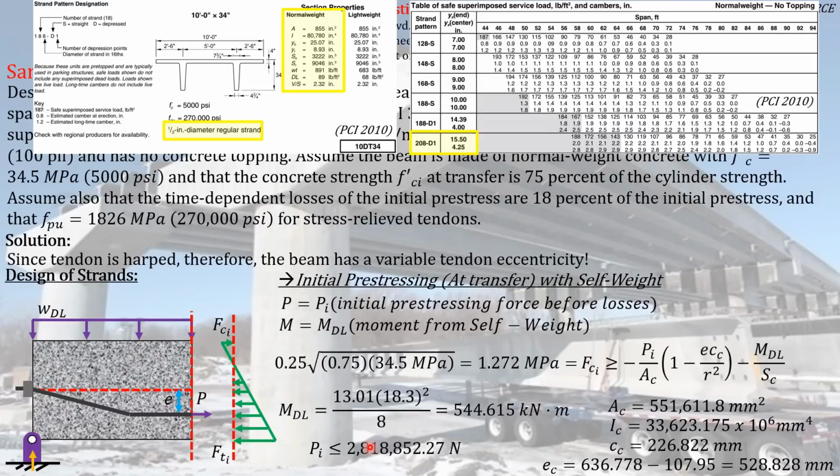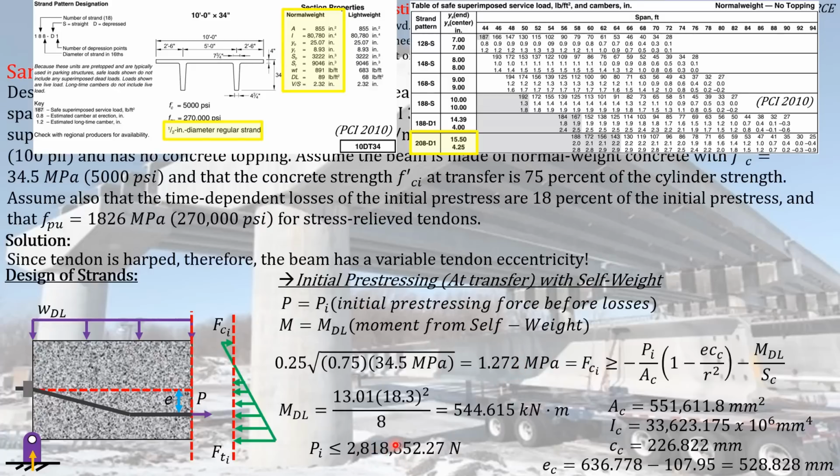So the initial pre-stressing force, according to the computation that we have done here, must be less than or equal to 2,818,852.27 Newton. So that must be the value of the initial pre-stressing force so that the resulting tensile stress at the concrete element at transfer stage will not exceed the allowable stress specified by the code.